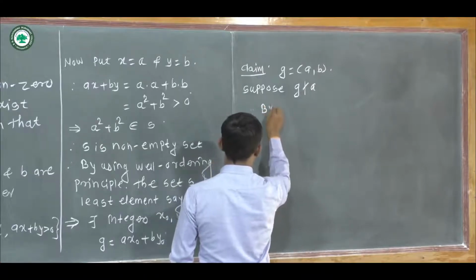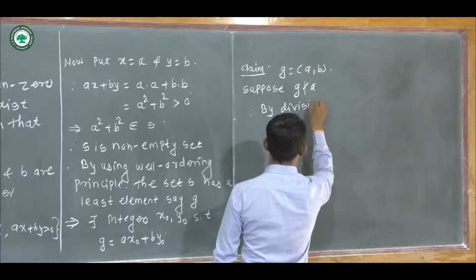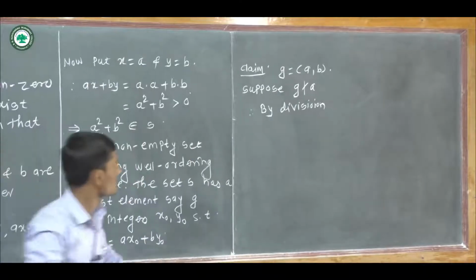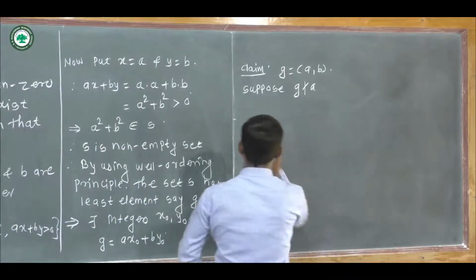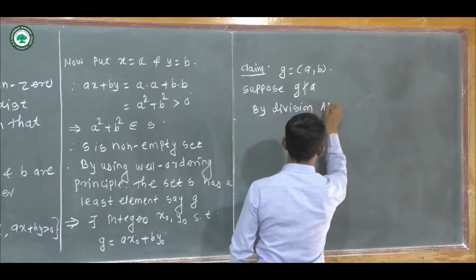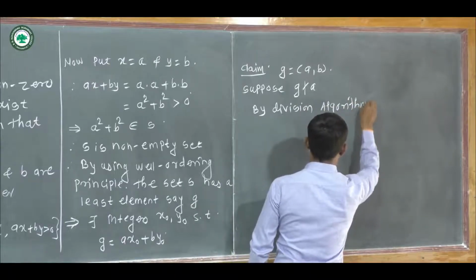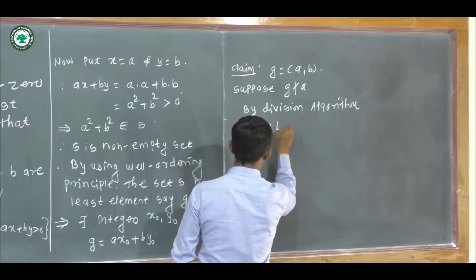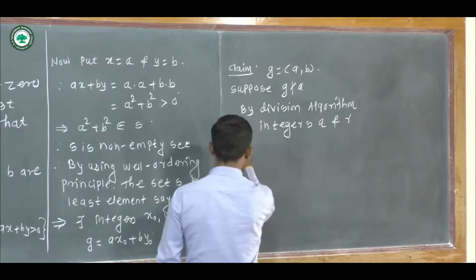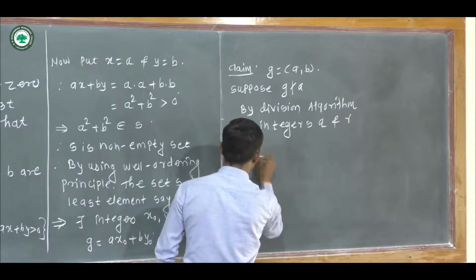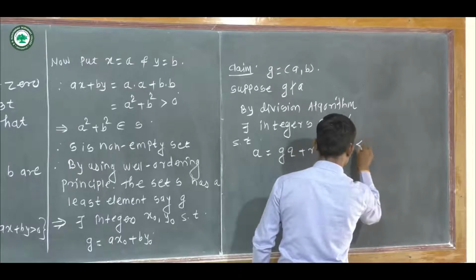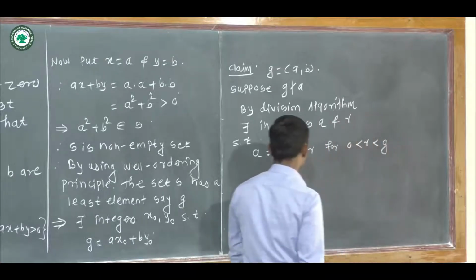Therefore by division algorithm there exist integers q and r such that a is equal to g into q plus r, for 0 is strictly less than r is strictly less than g.